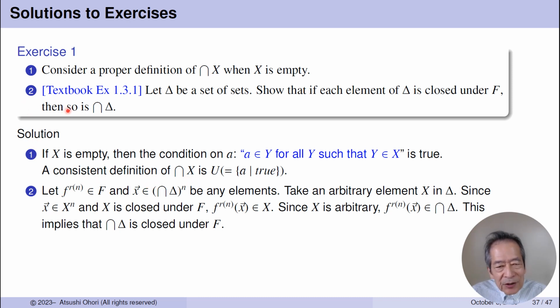And the second question: the intention of this second question is to ask you to show that the property of being closed under F is preserved by this big intersection operation. So let delta be a set of sets. Show that if each element of delta is closed under F, then so is this intersection.